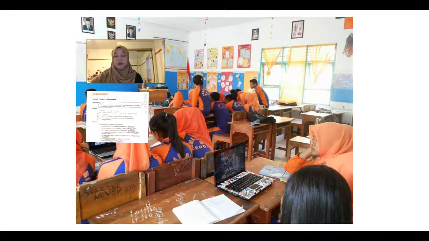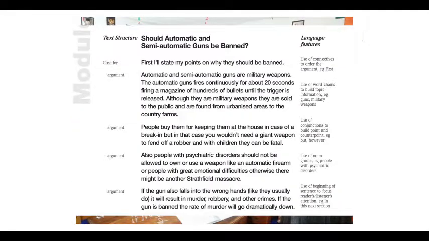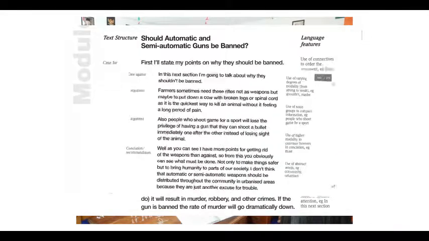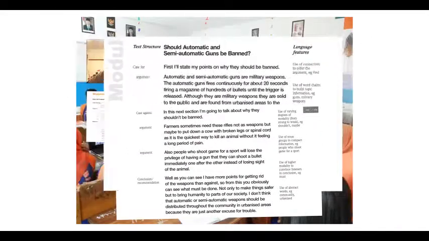As you can see on the example, the issue here is, should automatic and semi-automatic guns be banned? So some people may agree, some people may disagree. Okay, so this discussion text example consists of 9 paragraphs.